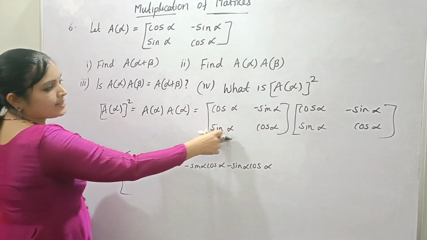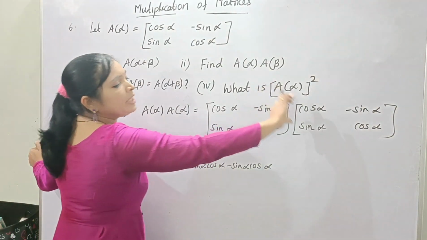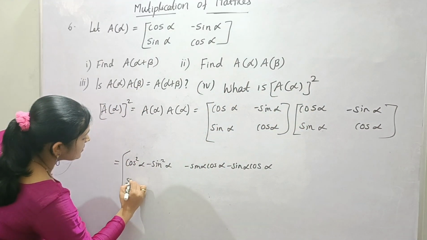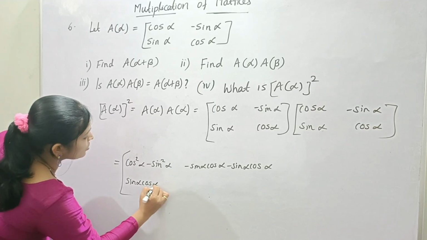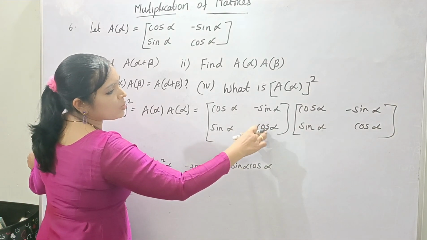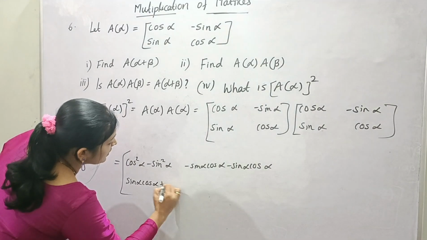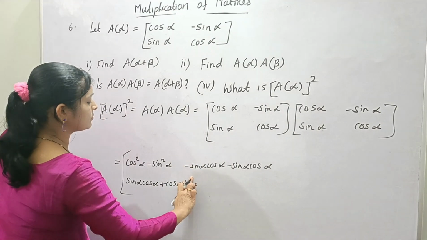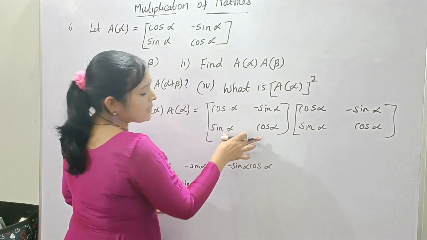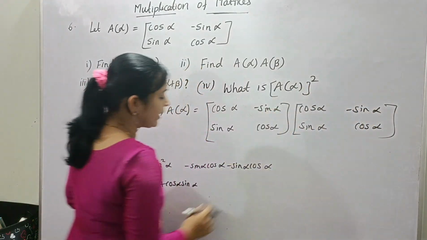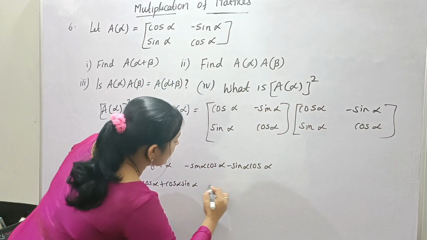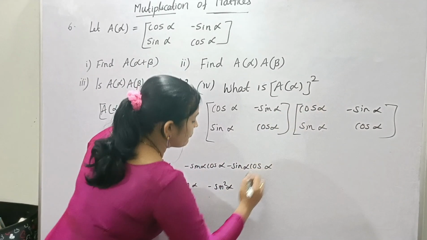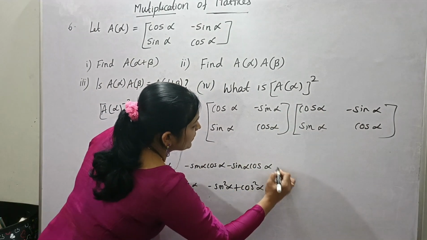Then next, second row multiply with the first column. So sin alpha into cos alpha, plus cos alpha into sin alpha. Okay. Next, second row with second column: sin alpha into minus sin alpha, minus sin square alpha, cos alpha into cos alpha, plus cos square alpha.